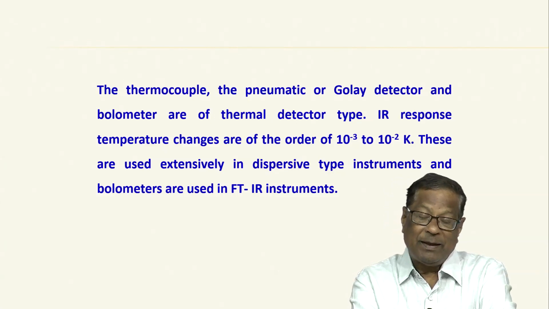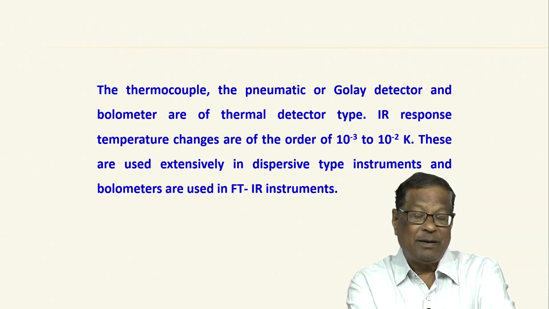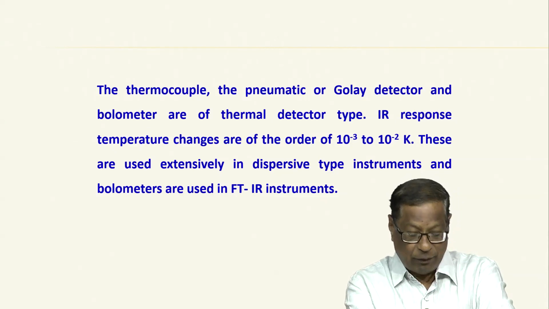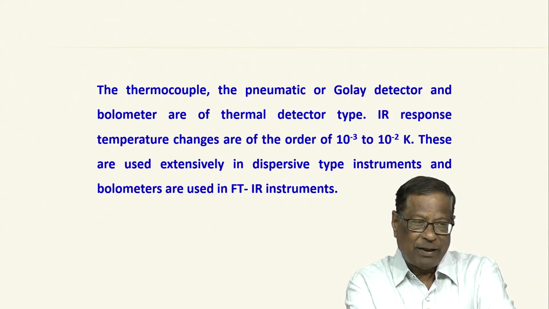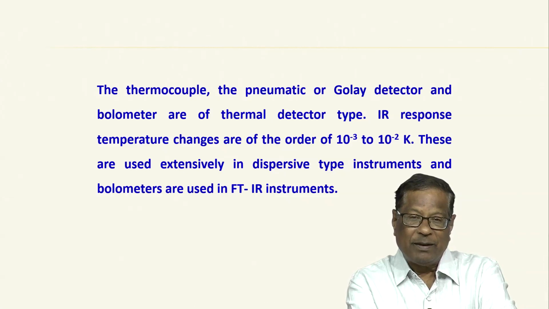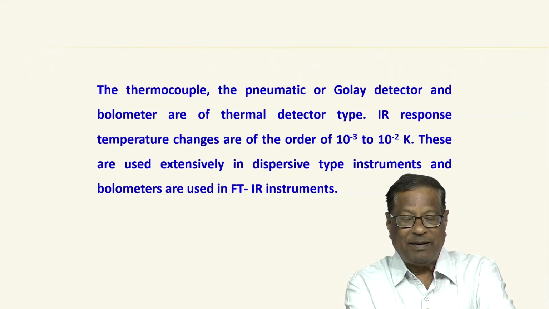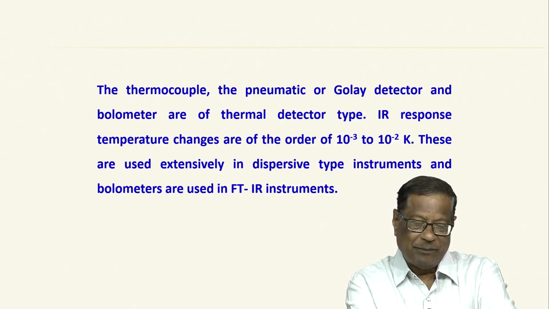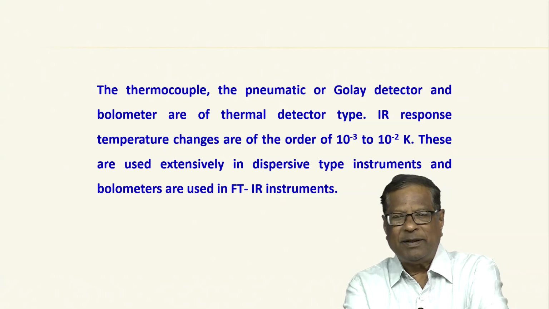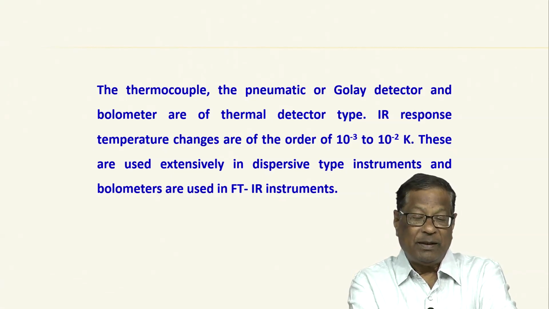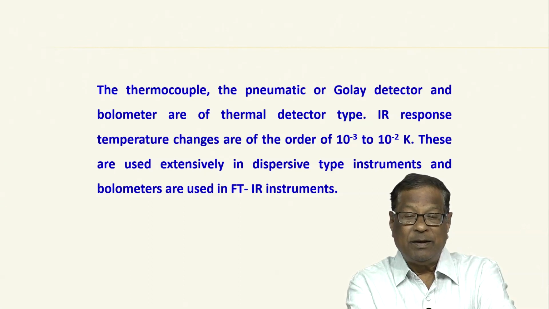Another way of detecting the infrared spectrum is by a pneumatic detector or a Golay detector, that is a name, and we also use what is known as a bolometer. Different kinds of detectors are used: thermocouple, pneumatic, Golay detector, bolometer.